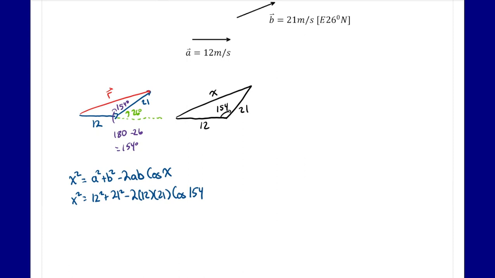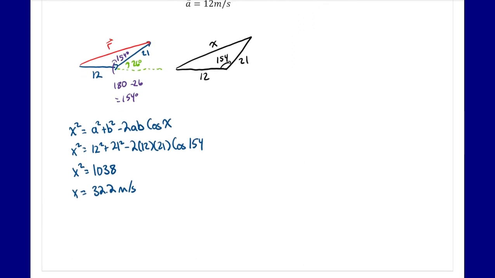When we go through and we calculate all this, we should get that x squared is equal to 1038, square root both sides, and we get that x is equal to 32.2, and it would be meters per second. So in this case, we can say that our resultant, the magnitude of the resultant, is 32.2 meters per second.